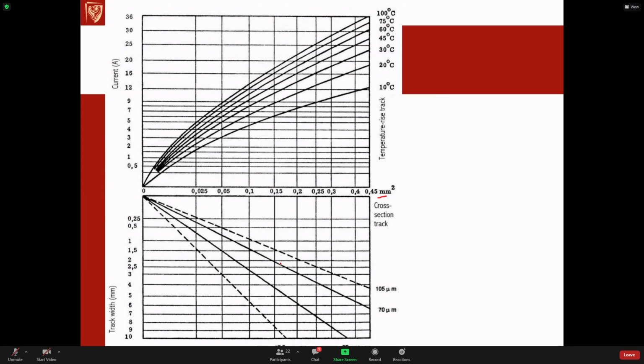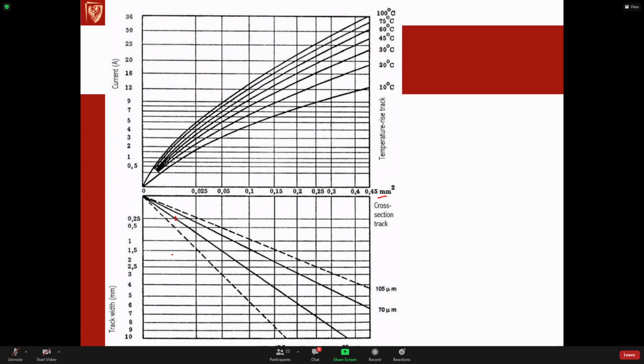While on the bottom we've got the track width against the cross-section at a certain thickness of copper. So for the standard copper of 35 microns, if we want to have the standard 8 mils, because the 10 mils track is very often used in practice.